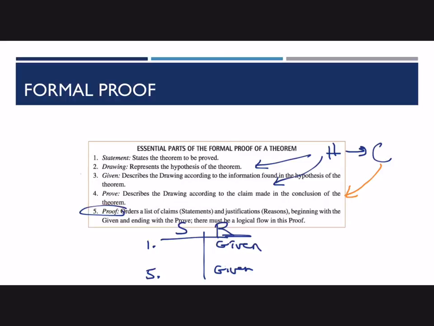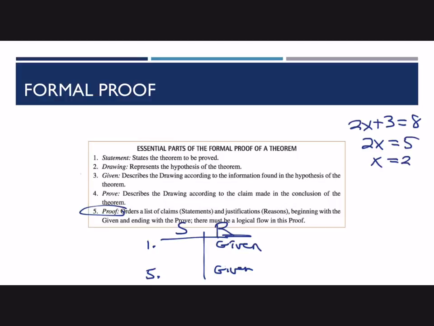Another good thing to know, in algebra proofs, a lot of times you just proceed with each statement following directly from the one before. So we did some examples, something like, if you know 2x plus 3 equals 8, then your next step might be 2x equals 5, and then your next step would be x equals 2.5.